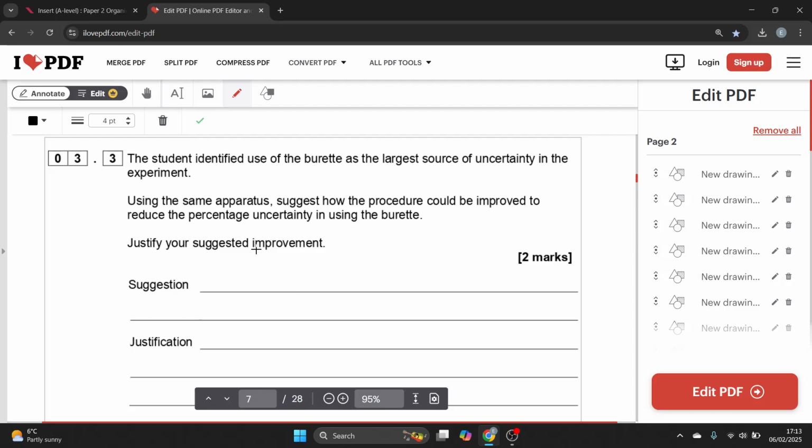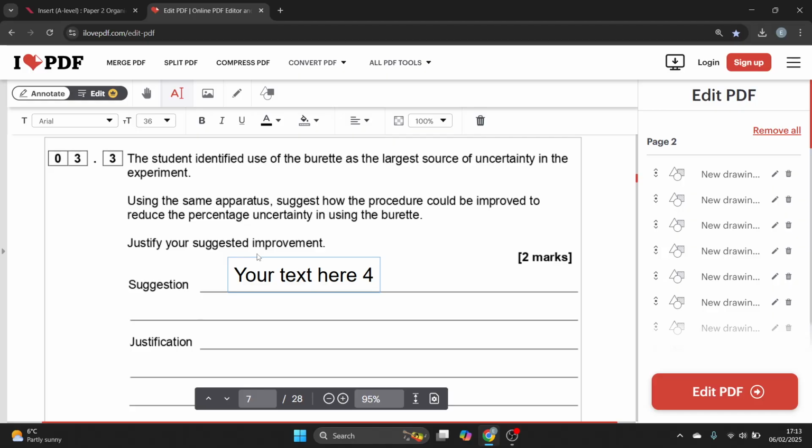Okay, it says student identified use of the burette as the largest source of uncertainty. Suggest how the procedure could be improved to reduce this using the same apparatus.